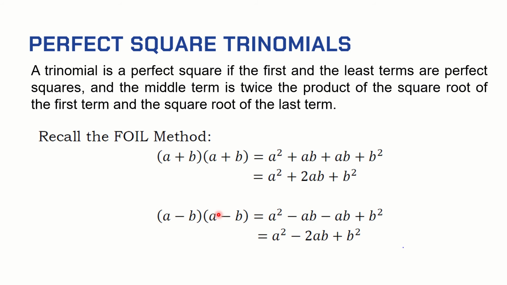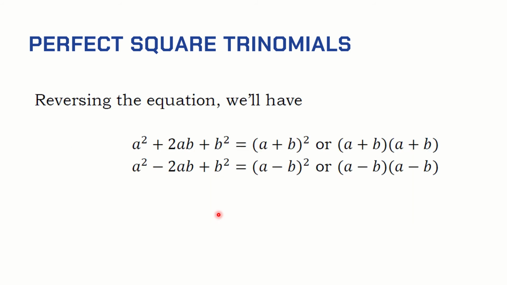So kung maka-remember mo or makahinumdum pa mo sa atuang special products of squaring binomials, ang answer ato is kaning perfect square trinomials. So, for example, naa tay a squared plus 2ab plus b squared. Mao ni ato ang trinomials. Perfect square trinomials man ni? Yes.